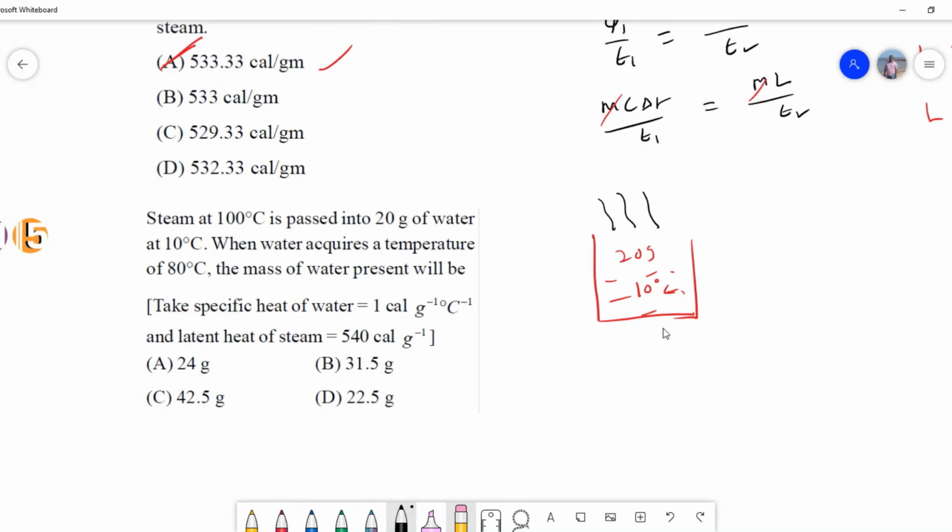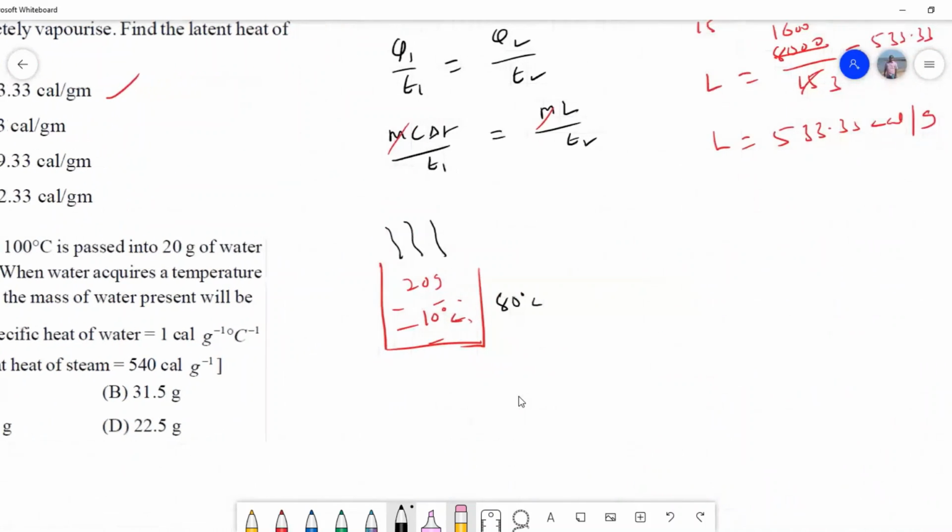When the resultant temperature rises to 80, the mass of water present will be? Okay. Now, we don't know how much steam is condensed. That's not given, but the temperature of the resultant is given as 80. So we write like this. Let us take m grams of steam condensing.